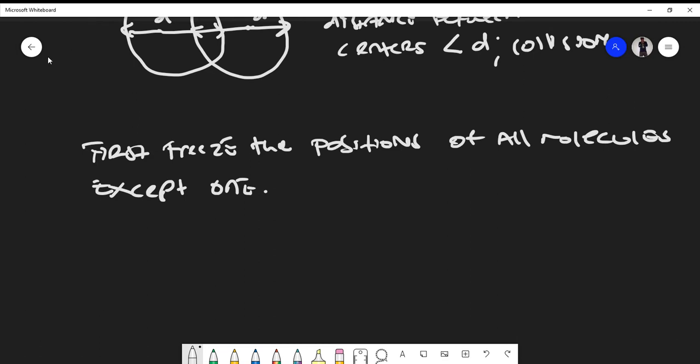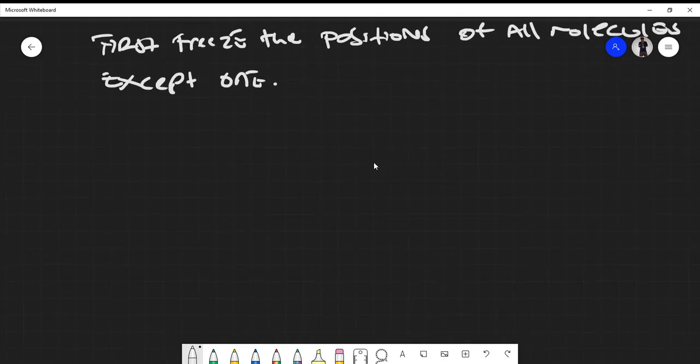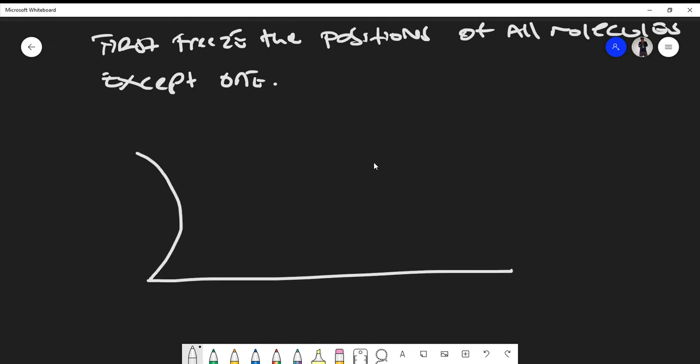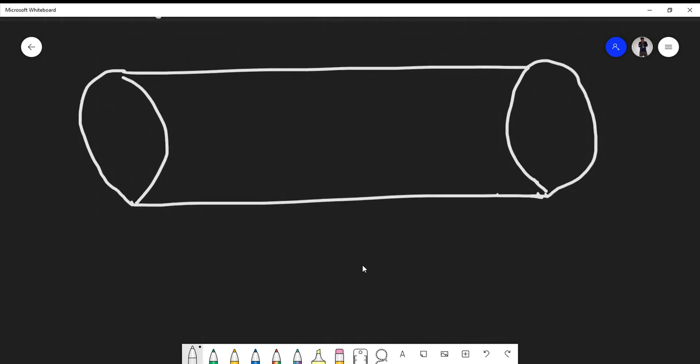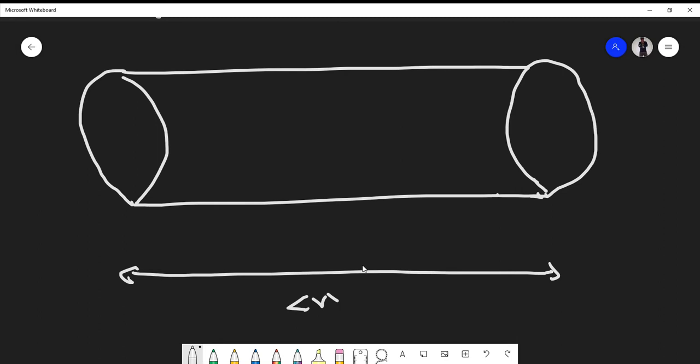All right, so let's look at a collision tube. If I draw a collision tube, right? So this is my collision tube. From this end to that end, we're going to label as the length, and the length we're going to give as the average speed times t.